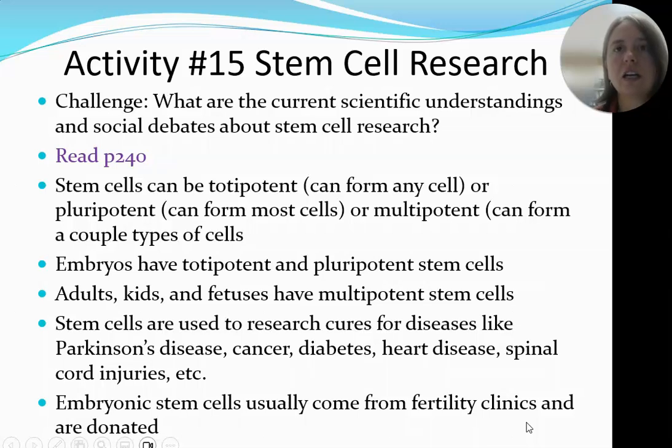So at a fertility clinic, if a couple can't have a baby, the woman will have a surgery to have her eggs taken out, and then the sperm, in a lab, will fertilize them, and then they'll give the woman hormones, and then they'll inject the fertilized egg into the uterus or by the cervix. That is in vitro fertilization, and that's what those fertility clinics do.